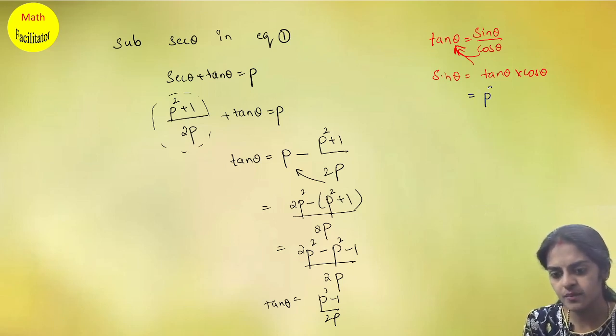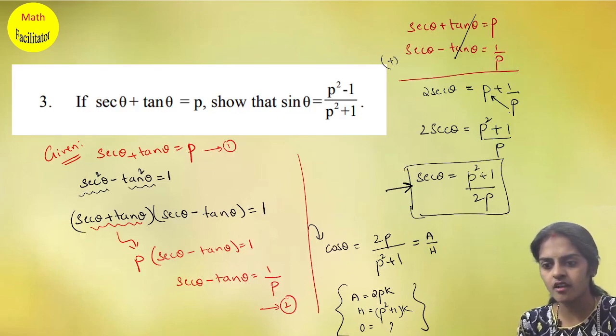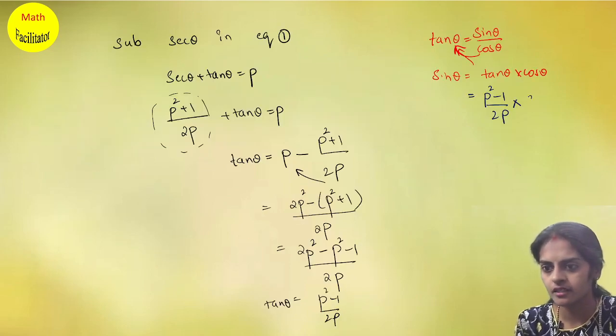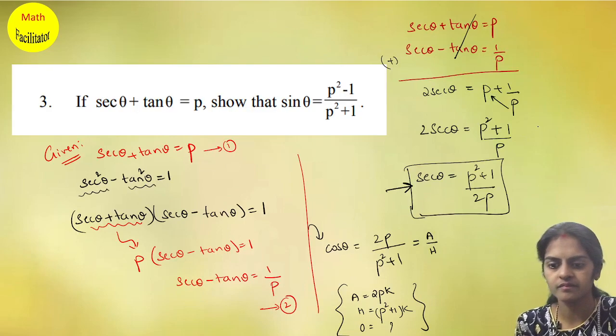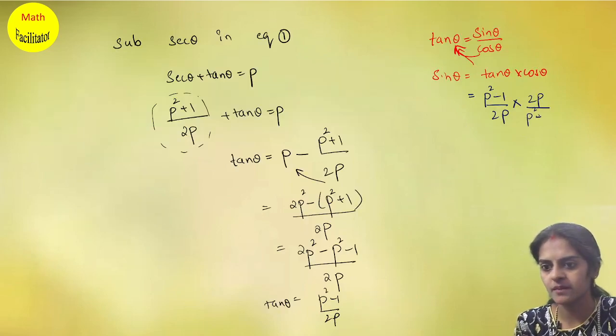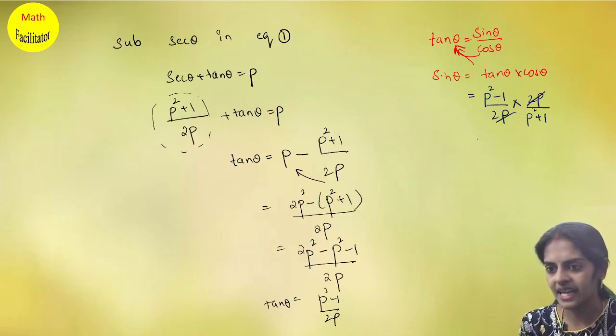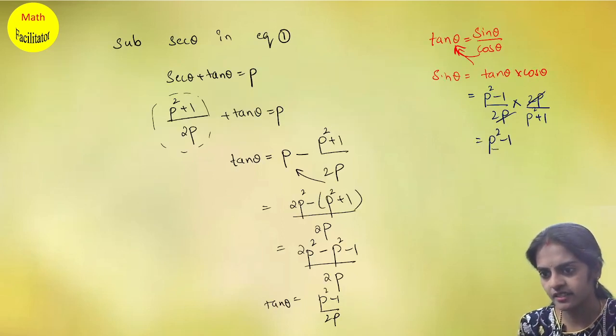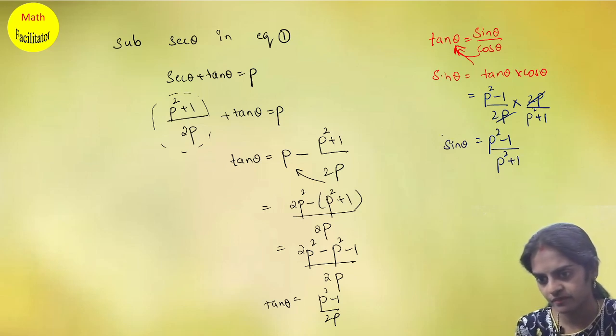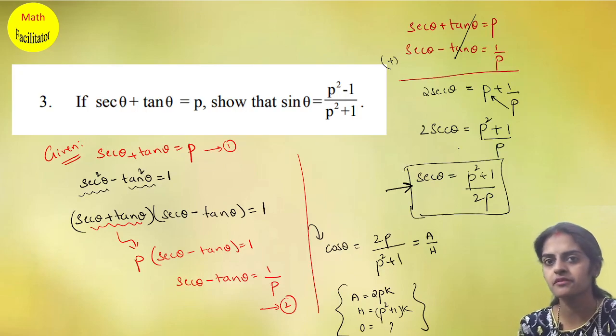Tan theta is (p square minus 1) by 2p, into cos theta. See here, cos theta you got 2p by (p square plus 1). Got it? So 2p cancels here, and your sin theta value is (p square minus 1) by (p square plus 1).